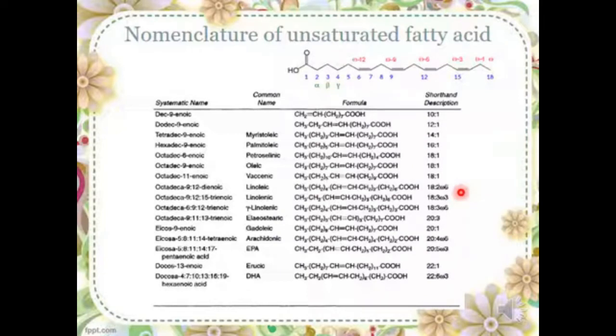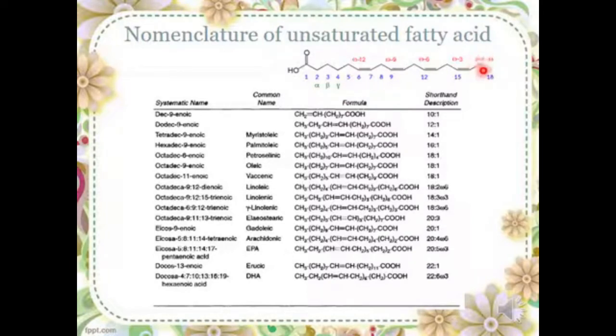The omega system classifies the position of the double bond closest to the omega carbon, meaning from the methyl end. For example here, this is the methyl end, so this is the omega carbon.